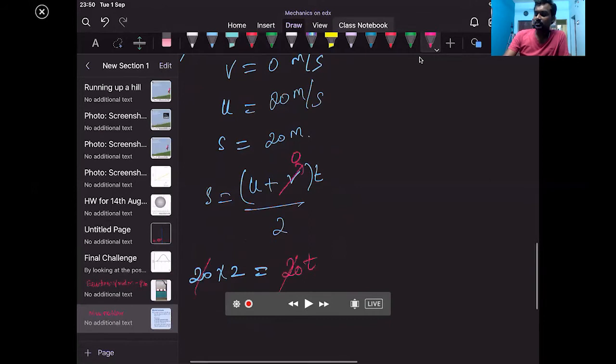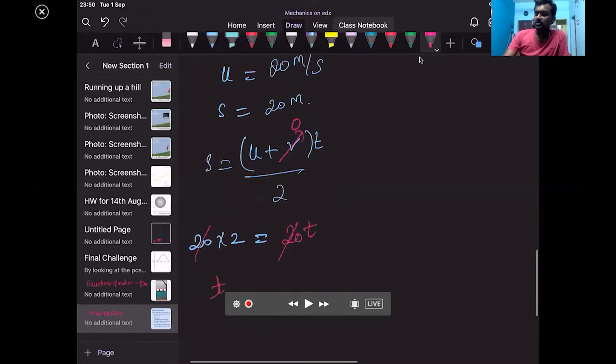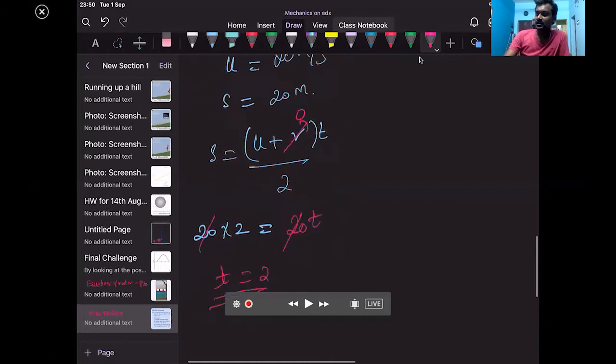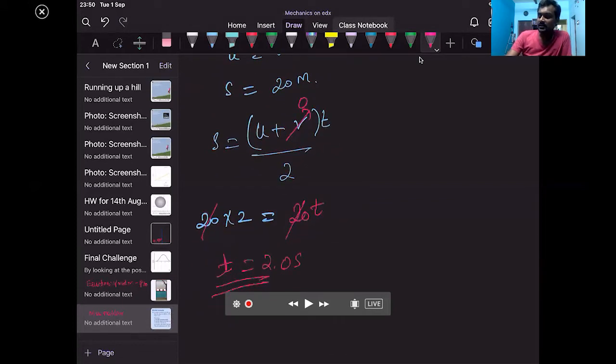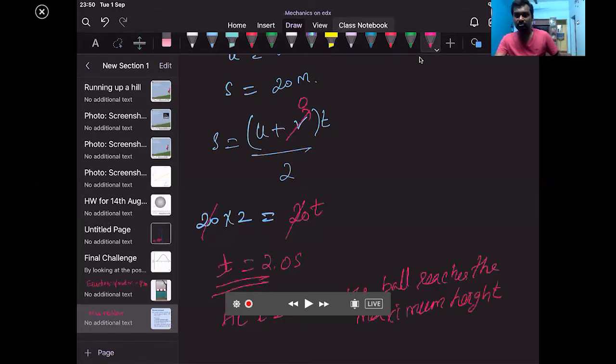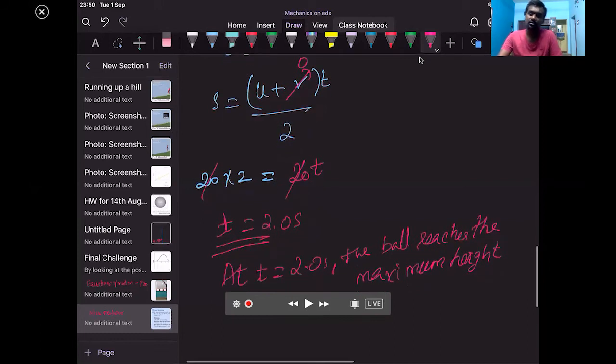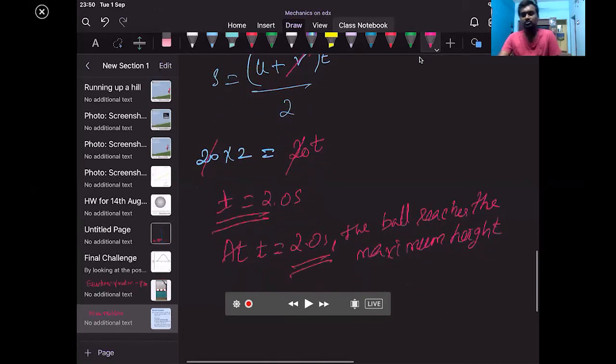So 20 cancels out, and you get t equals 2. This means at t equals 2.0 seconds the ball reaches maximum height. Since we assumed the ball is thrown at time t equals 0, the time taken for the ball to reach the maximum height also becomes 2 seconds.